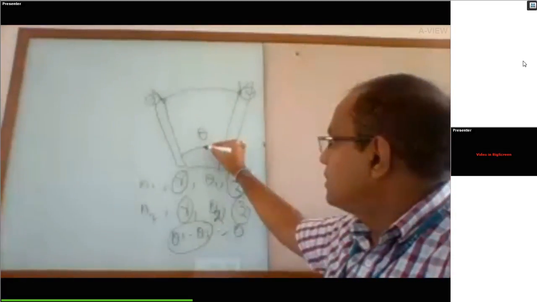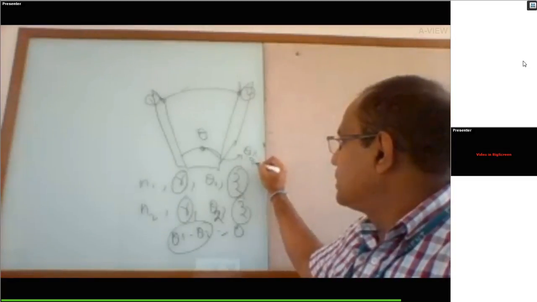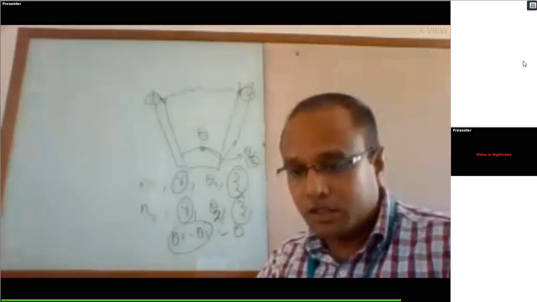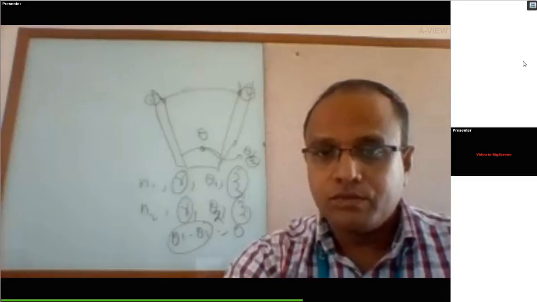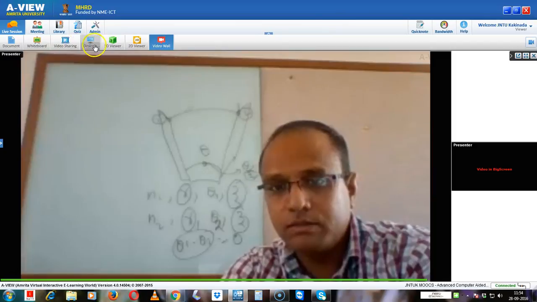And one node here is constrained in theta and z location to avoid rigid body motion. So one node will be constrained in axial and hoop direction.